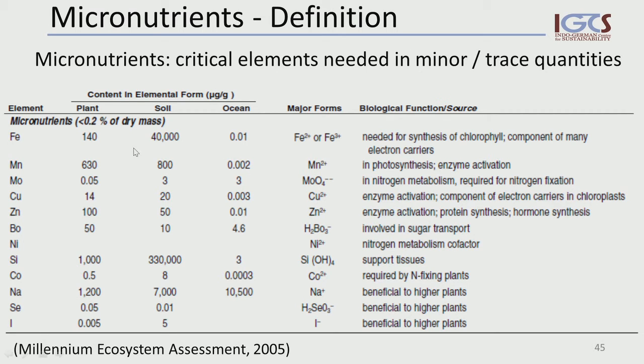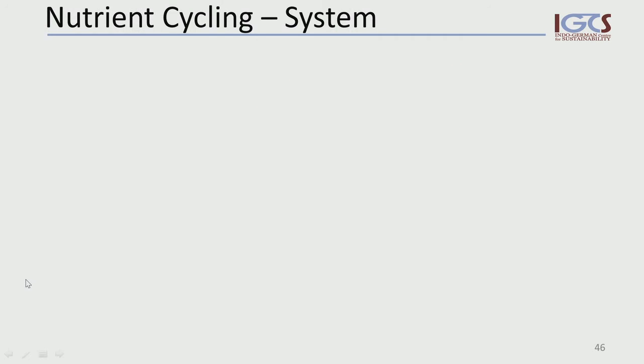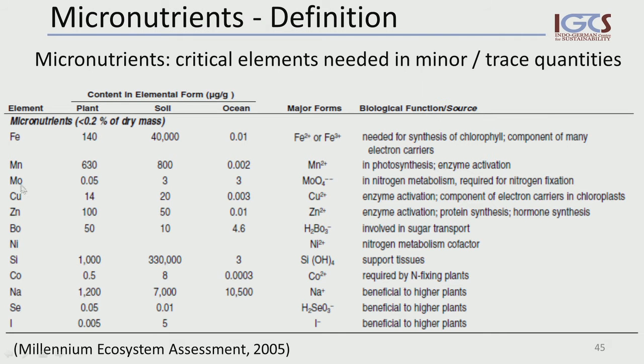And a list here of these micronutrients: one of them is iron, manganese, but also selenium and cobalt are micronutrients of which we know some of the biological function. In many cases, those play some role as catalysts in enzyme activation in very specific processes within organisms.